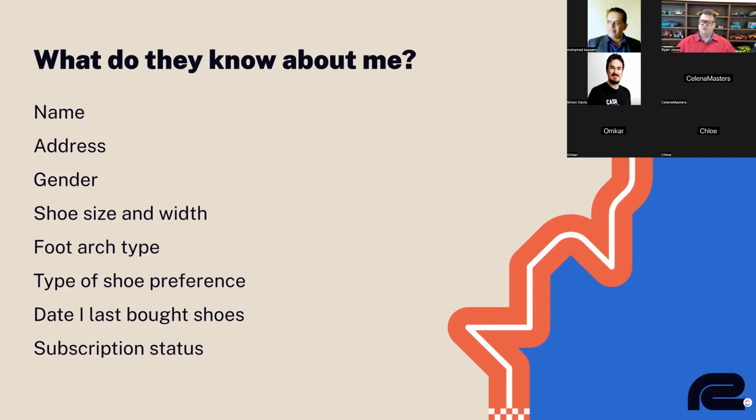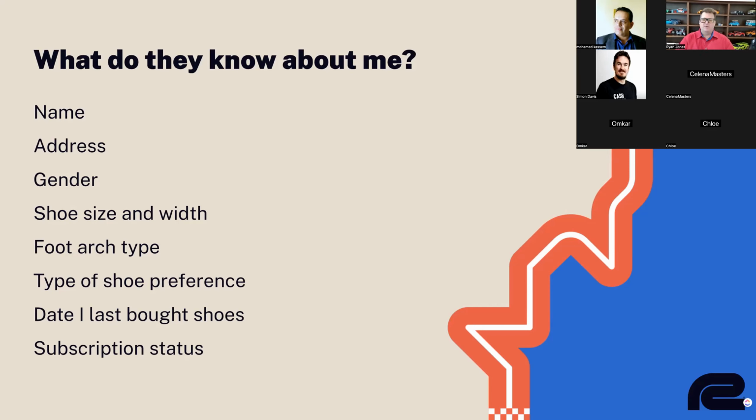They know my type of shoe preference. They know I like a cushion shoe. They know I like to float on the clouds as I walk along. They know when I last bought shoes, because shoes aren't generally something that people buy every day. And they know my subscription status, so they know whether I'm subscribed to their newsletter or not.